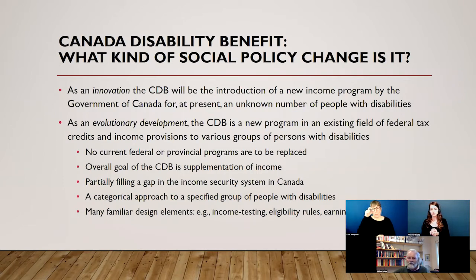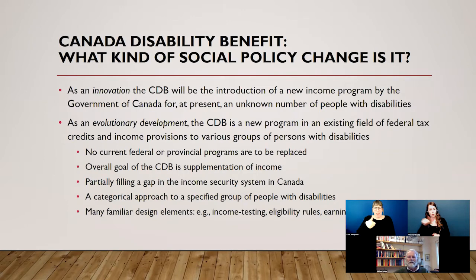So it is an innovation, a new program, but it's largely evolutionary, not revolutionary. It's evolutionary in the sense that it's being inserted into an already existing array or landscape of many programs. The Government of Canada said the intention is not to replace or eliminate other programs.